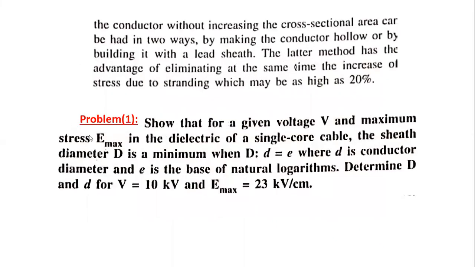Next, coming to the problem, which is related to the conductor diameter. It shows that for a given voltage V and maximum stress Emax in the dielectric of a single core cable, the sheath diameter capital D is a minimum when D/d is equal to e, where d is the conductor diameter and e is the base of the natural logarithm.